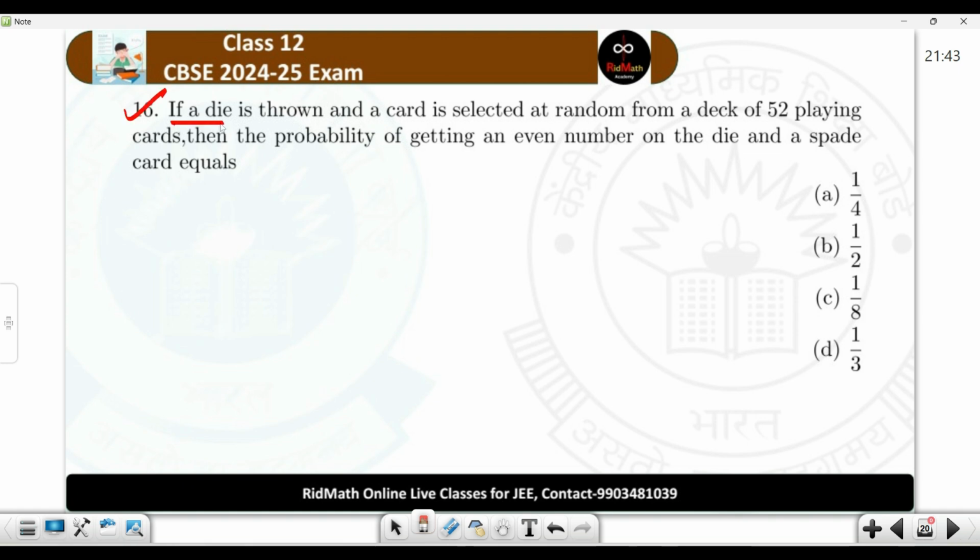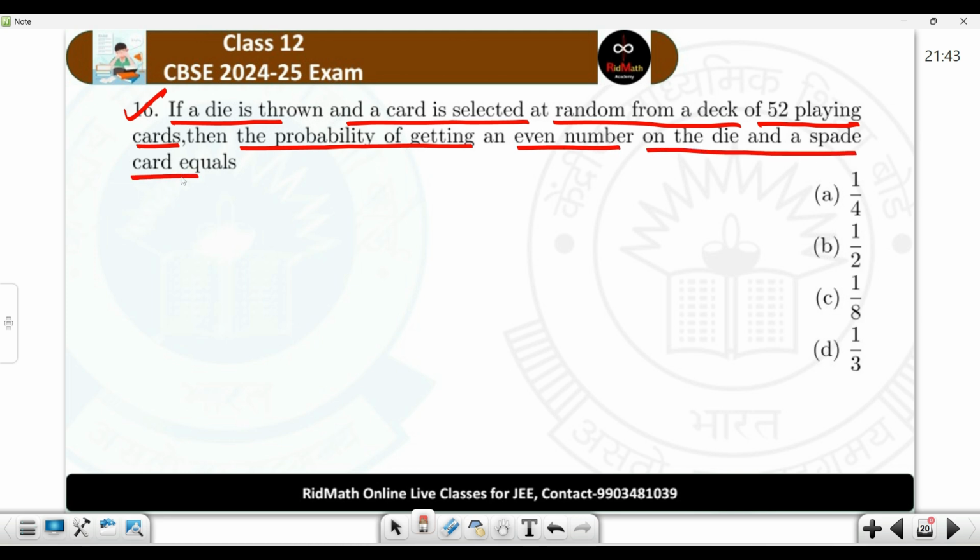16. If a die is thrown and a card is selected at random from the deck of 52 playing cards, then the probability of getting an even number on the die and a spade card equals.